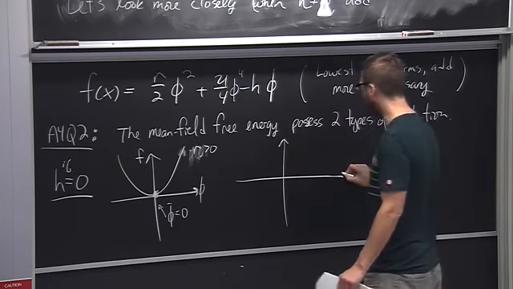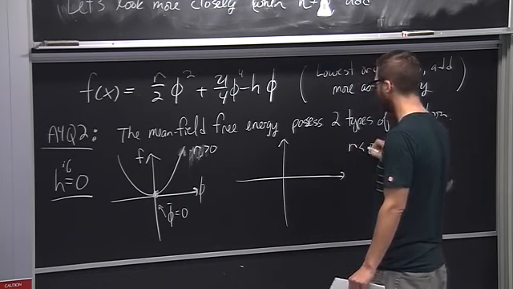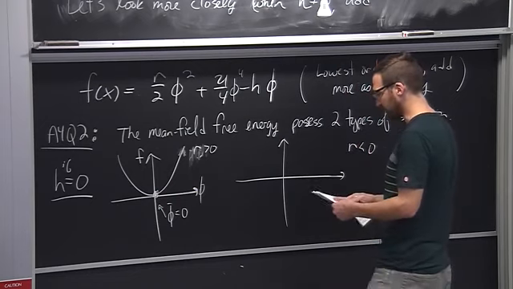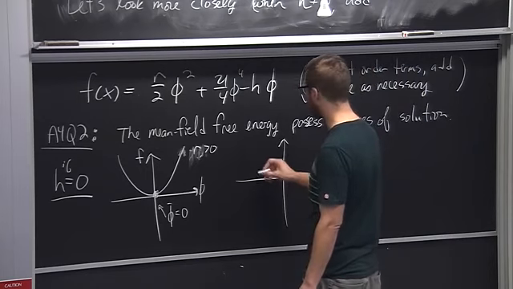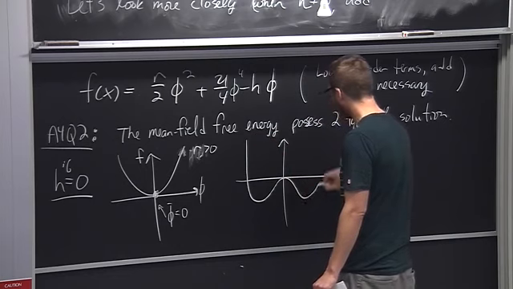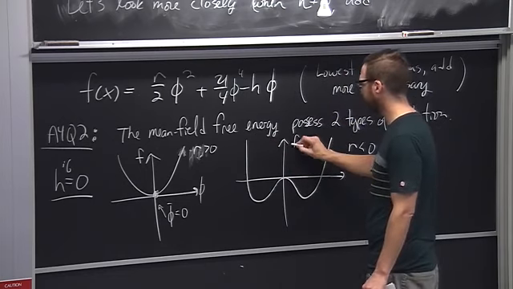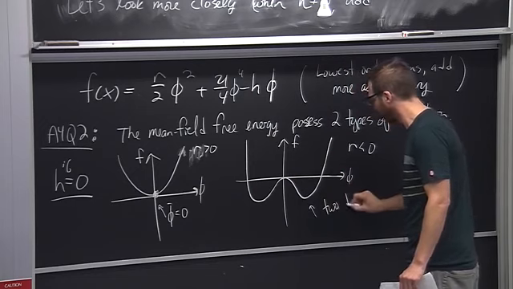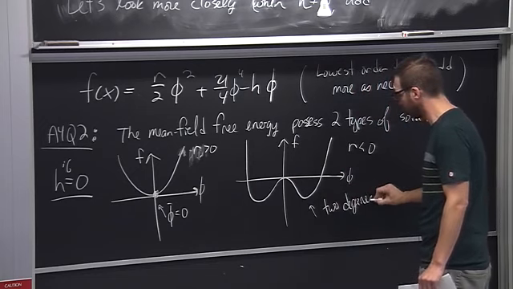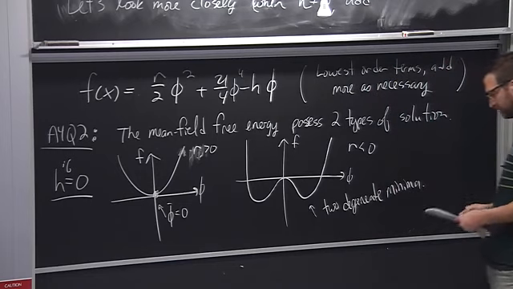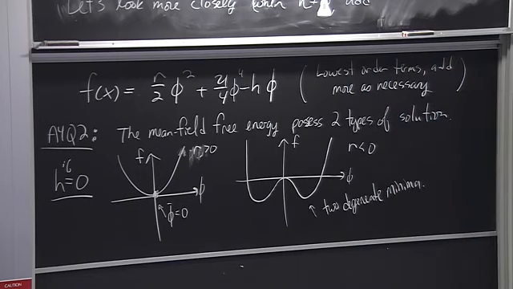But if you change the sign of R, then the solution looks different. So there's two degenerate minima. This is what you'll derive on your assignment. So your free energy has that shape.